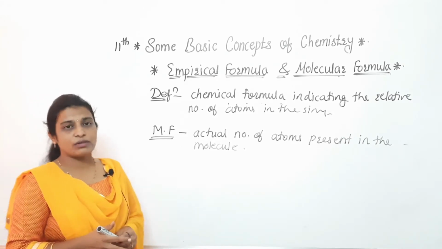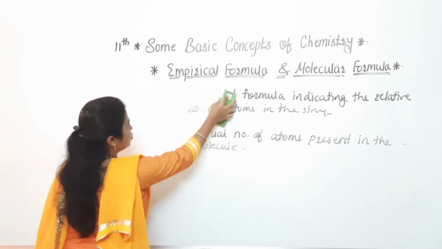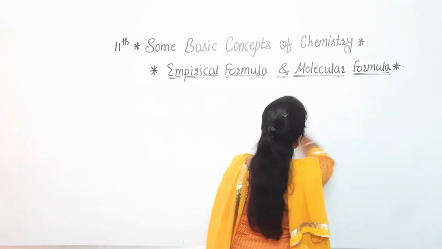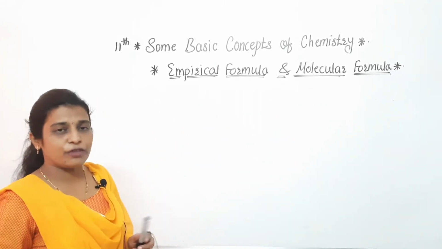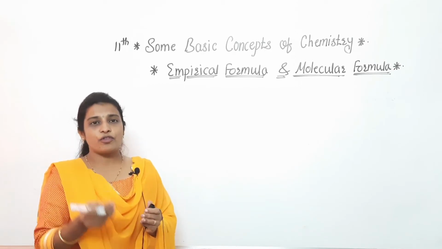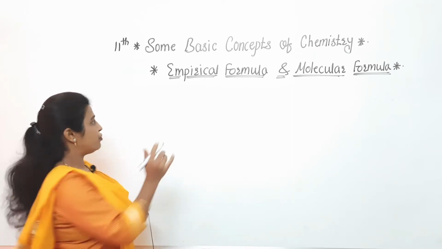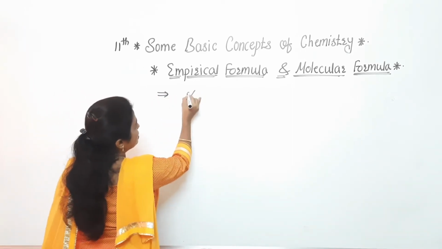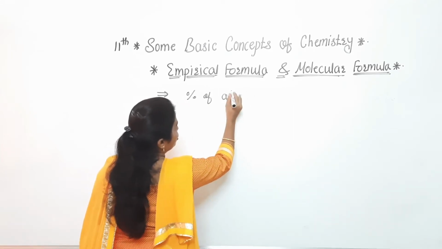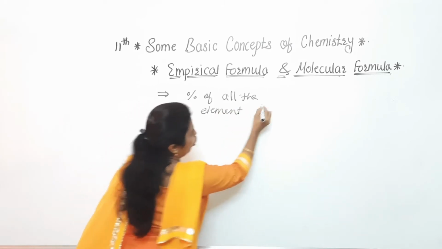So for that purpose some formulae should be known to us. The formulae related to empirical formula and molecular formula are, now see, first formula. If we consider one example in which they are providing us the percentage of elements, firstly we have to see whether the percentage of all the elements is 100% or not.